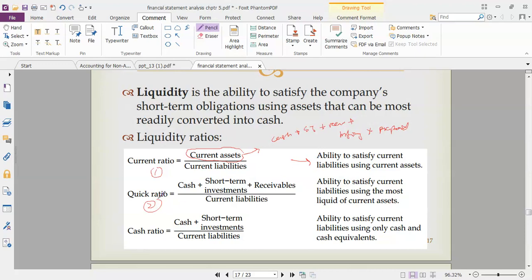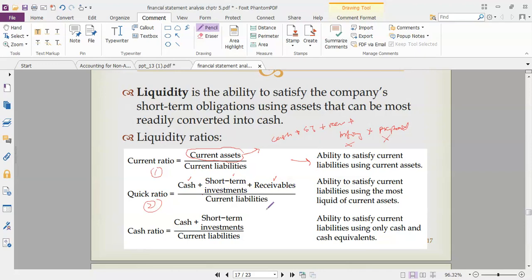Under the quick ratio formula, we do not need the inventory and also prepayment, so we must exclude those two items. So we only add on the cash, which is more liquid, and then short-term investment, and also receivable. We must add on just these three items as our current asset and then divide it by the current liability. So that we will get the quick ratio.